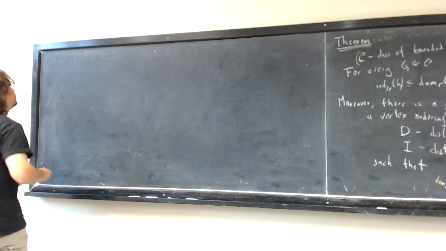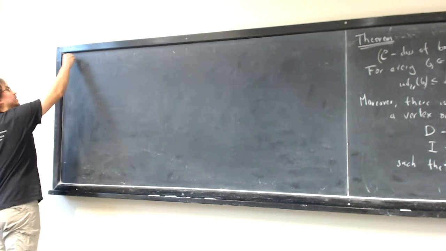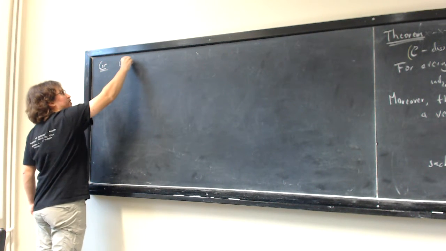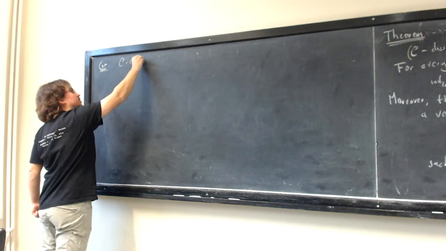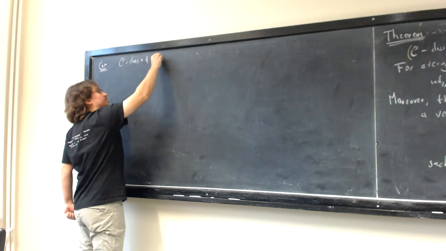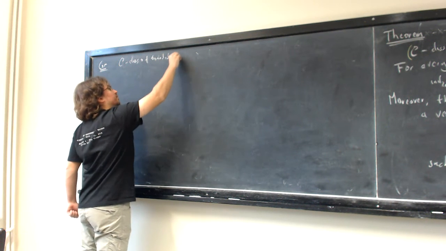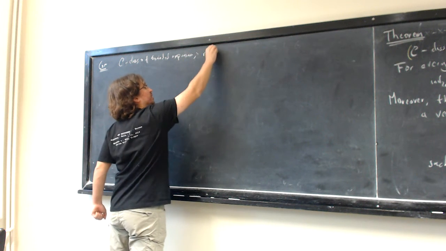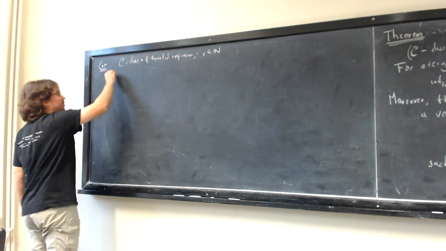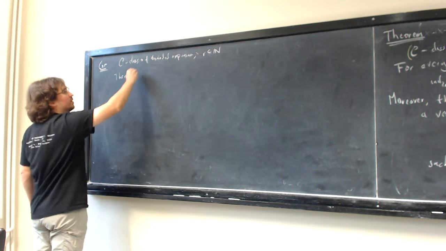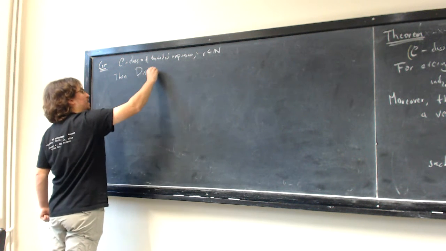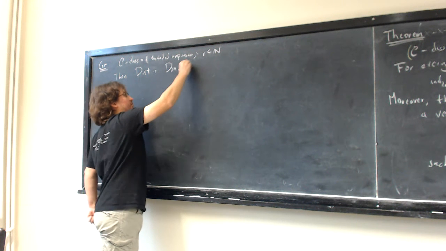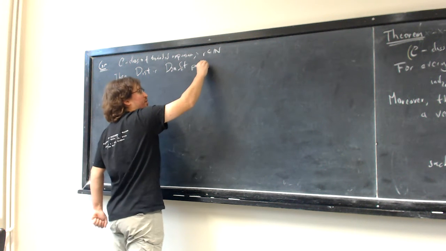Namely, I want to say that let C be a class of bounded expansion and R be fixed. Then I claim the distance R dominating set problem, so this is a computational problem.